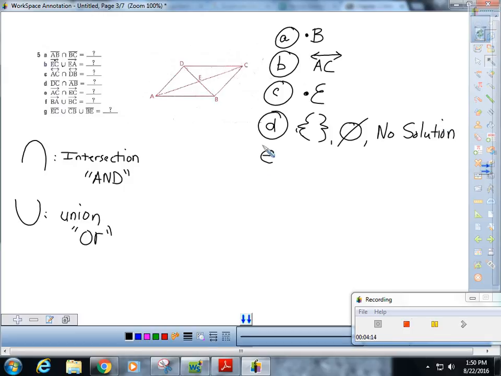Part E. I'm looking for all the points that are on ray AC, okay, this one, and on ray EC. Now I'll have to use a different color. Okay, so what points are on the black line and on the green line?